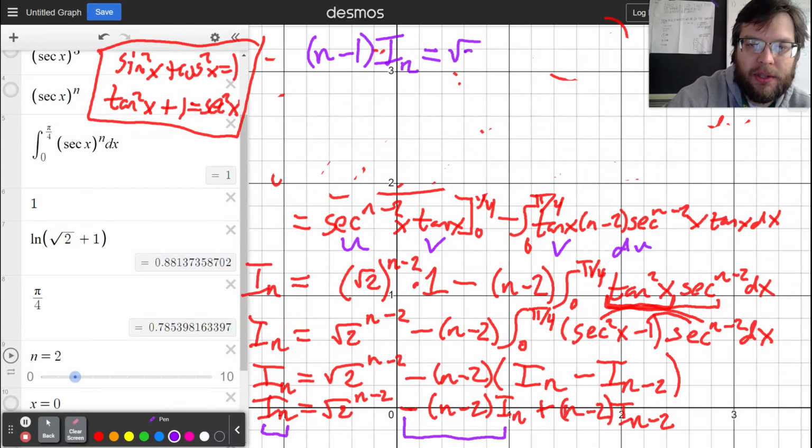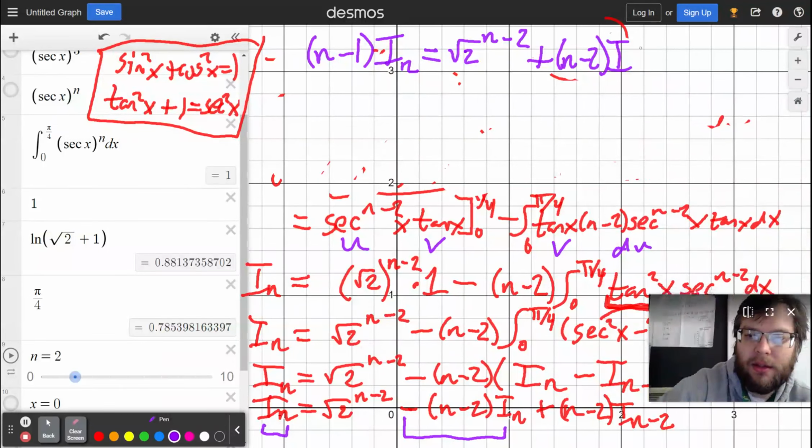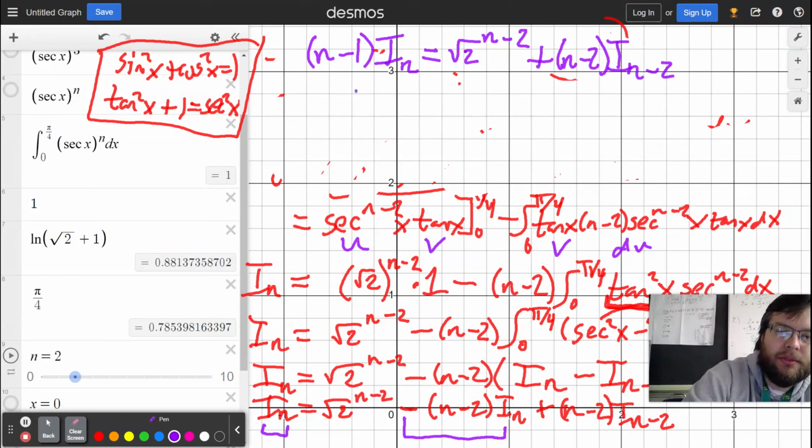and that's equal to square root of 2 to the n minus 2 plus n minus 2 I sub n minus 2. So the last step is to solve. So you divide everything by n minus 1.